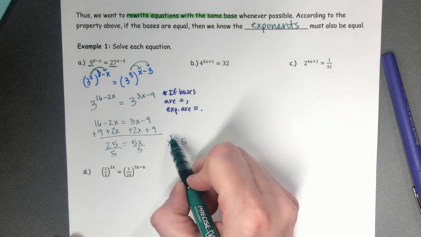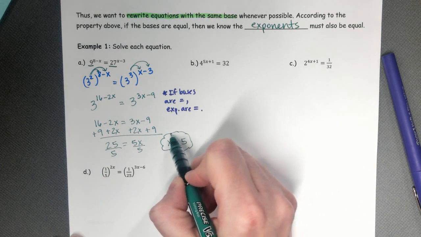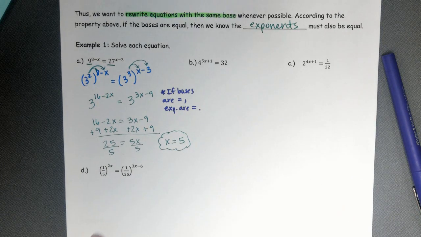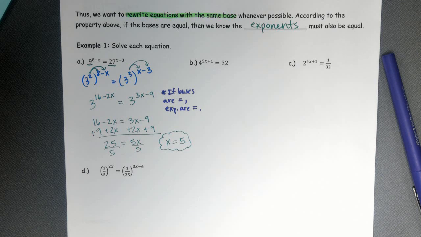Now, could I have an extraneous solution for this type of problem? Why not? If you had an odd root, yes. So, when we did have to check for what type of roots?